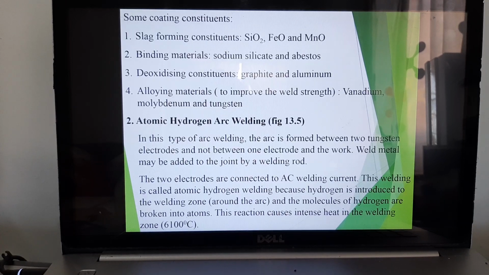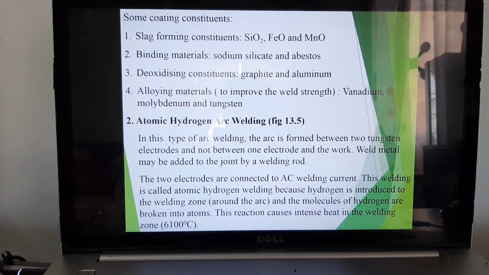The coating has several constituents. If it's going to form a slag or it's going to remove impurities from the welding area, your coating will definitely have SiO2, silicon oxide, FeO, ferrum oxide, and MnO, manganese oxide. If your coating is going to act as a binding material, it's definitely going to have sodium silicate and asbestos.